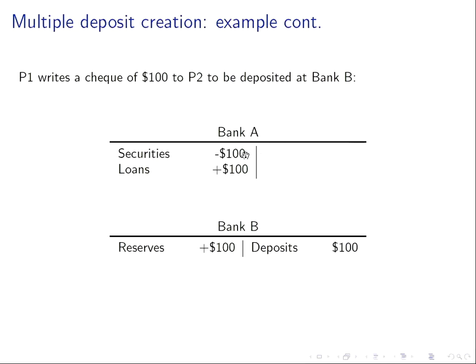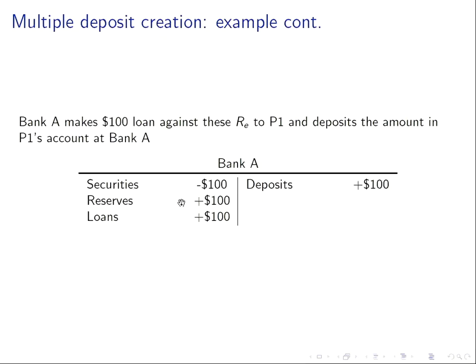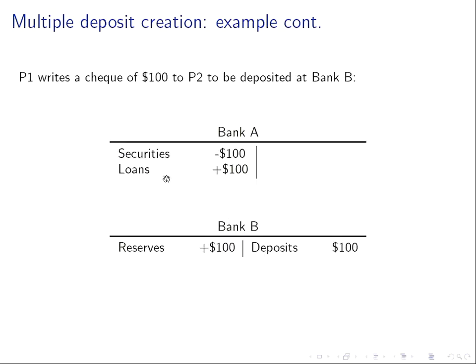At the same time, there's no reserve as well, because reserves also get out, right? So reserves get to 0, deposits get to 0, and the final balance sheet is something like this. The securities decrease by $100 and ultimately loans increase by $100. So did the deposits decrease when you had a deposit withdrawal? Yes, they did. Okay?